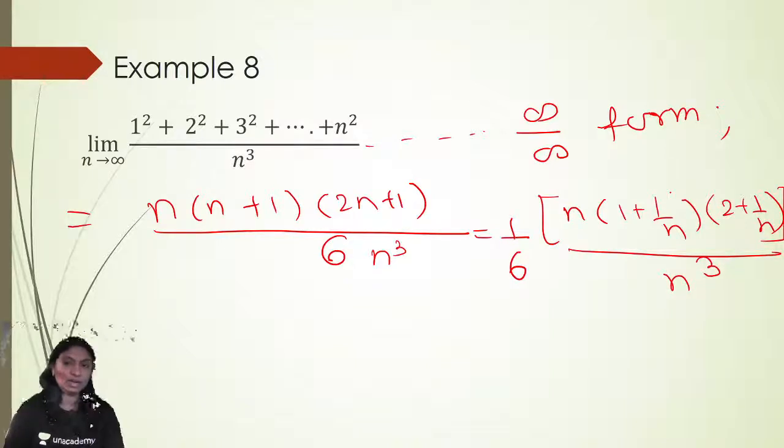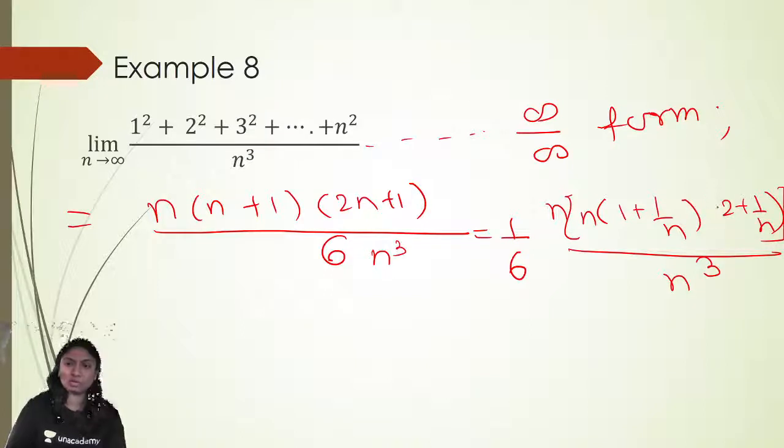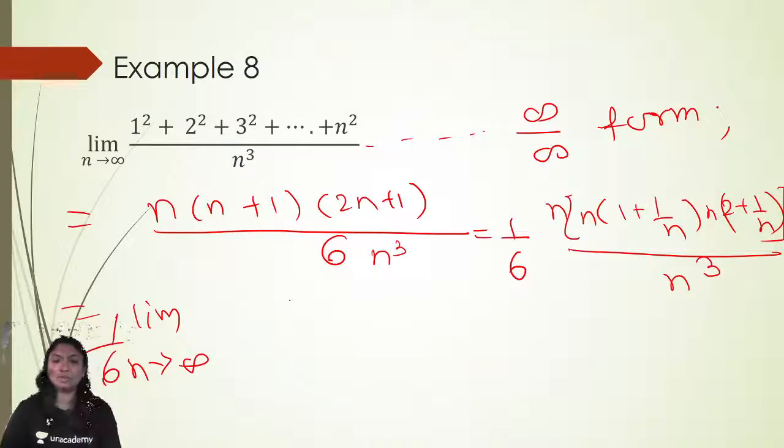So you will get limit as n tending to infinity, 1 by 6 constant outside.